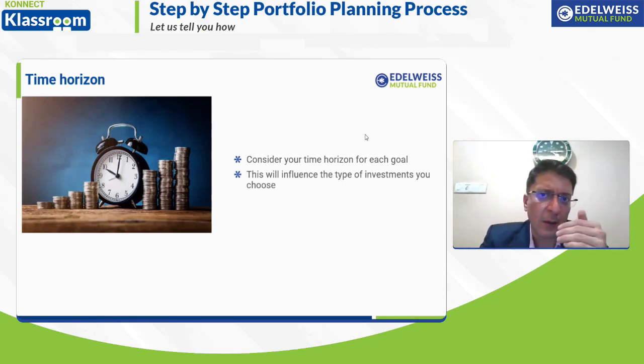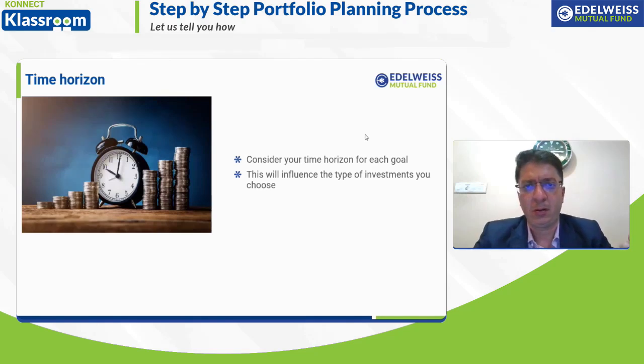So I will not want to invest in equity-related instruments, because volatility over 2 years may sometimes impact my plans. But if I know that I have a 10-year window before I need money for my children's education, or a 20-year window before I retire, then I know there is a time horizon where I can expose my investments to a higher degree of risk. So the time horizon becomes very, very important.